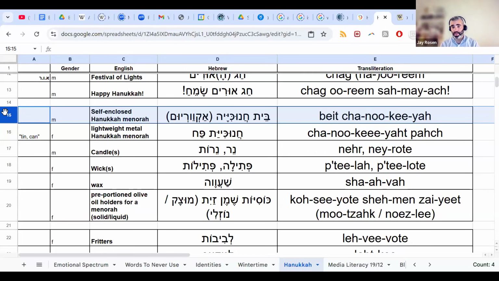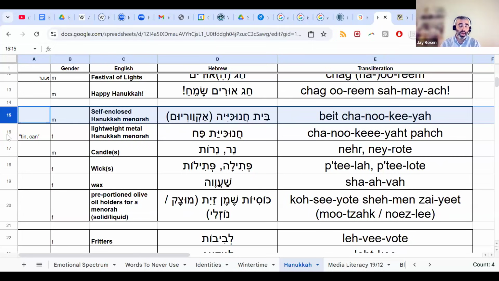Pirsumei Nisa sounds very much like Hebrew because Aramaic is our closest language and longtime friend, but we have the same words in Hebrew. Pirsum denisa, pirsum shel hanes, the publicizing of the miracle of lights. And so the idea is that if it's in this Beit Chanukiah, you can put it outside. It won't get blown out by the wind as easily or even by the rain pouring down.